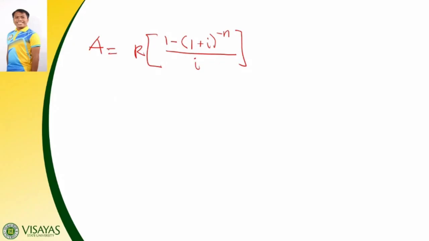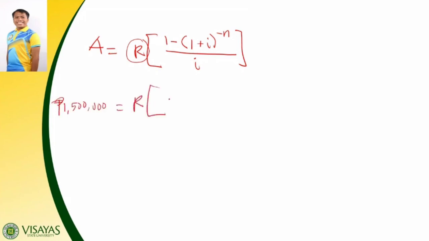By the way, what we are looking for is R. That is what was said earlier, that we are looking for the monthly payments. We are given the value of A, the value of N, and the value of I, so all we have to do is replace the values here. A here is 1.5 million, that's your present value.